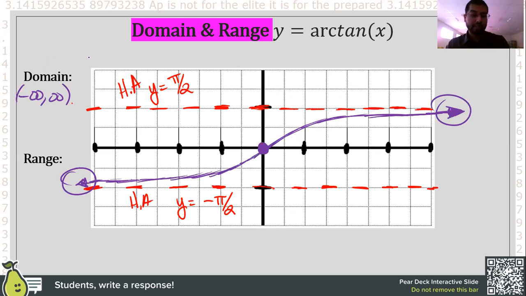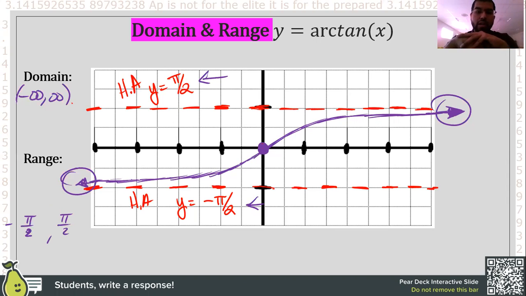Where it does get a little messy is range. Because we are limited to those asymptotes on the top and the bottom, the lowest I can go is this asymptote, and the highest I can go is this asymptote. So negative pi over 2 and positive pi over 2. Hopefully you know that we cannot pass these asymptotes.